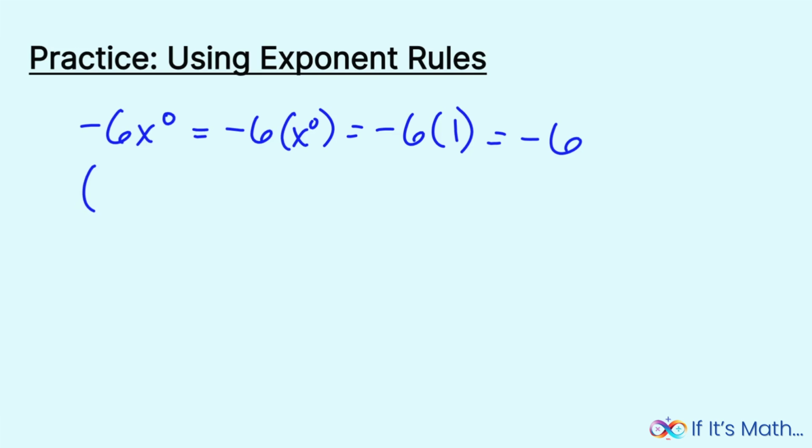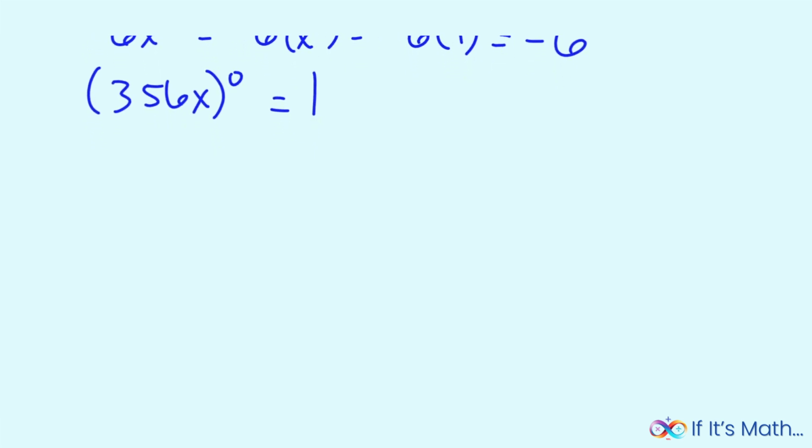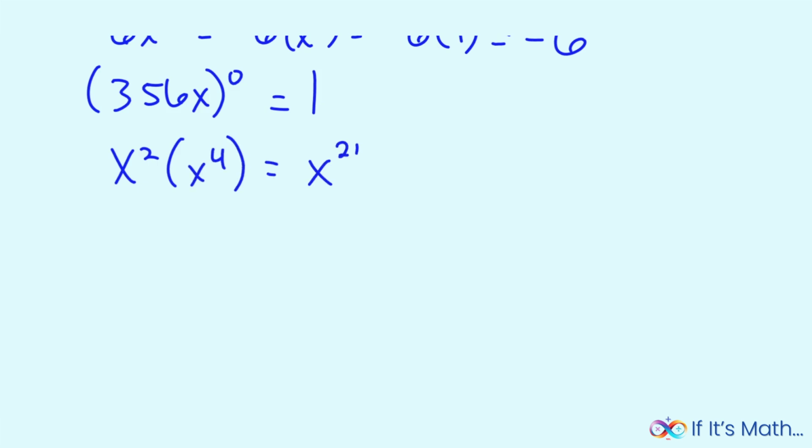If you had 356x to the 0, it's just 1, because everything there is raised to the 0. Then if you have x squared times x to the 4th, that's going to be x to the 2 plus 4, because those things are multiplied.